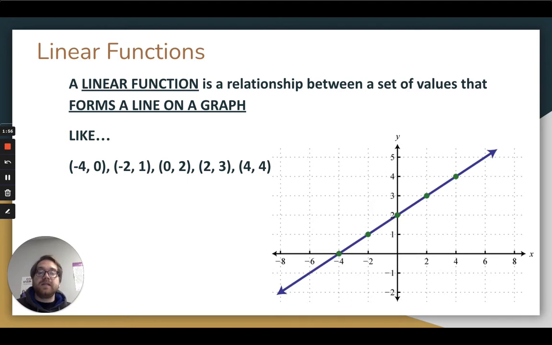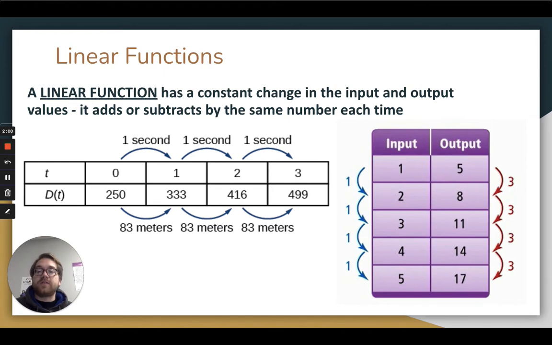It's this idea of things forming a line, or what we'll also talk about is things constantly changing, right? So a linear function has a constant change in the input and the output. It doesn't go up really high and then go up really low and then decrease or increase again, right? It's just constantly going up at the same pace or the same rate, or it's constantly going down at the same rate.